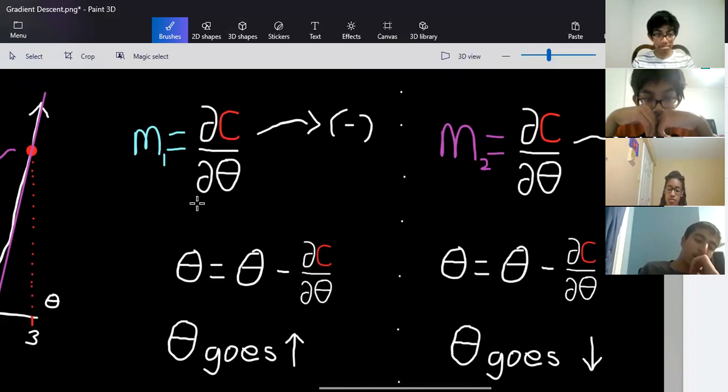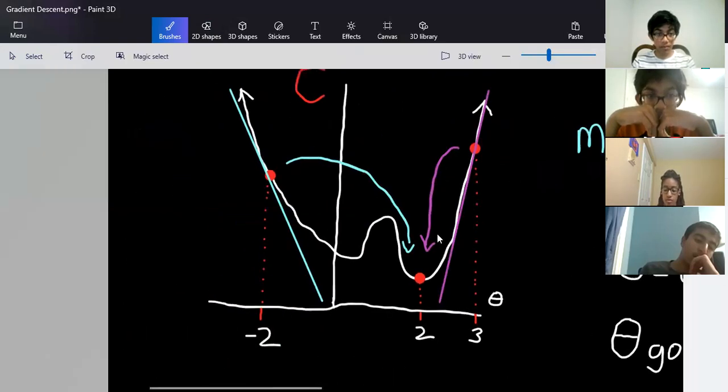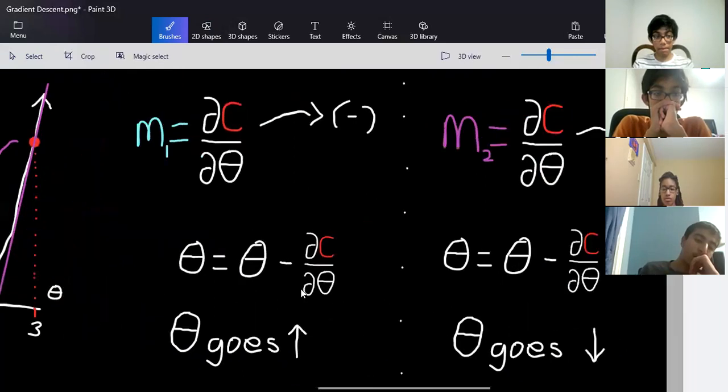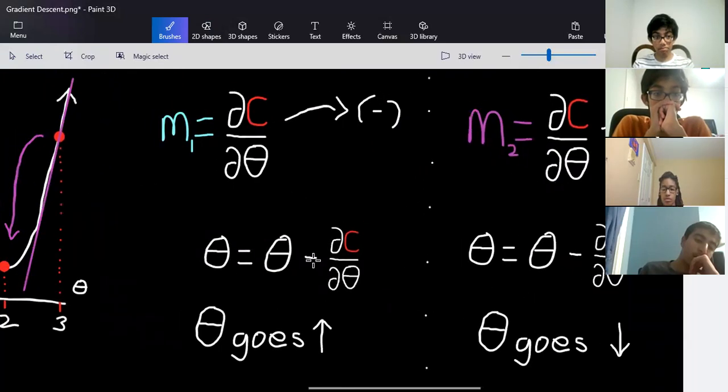When we have different points like this, where the points are different theta values and the cost that we get, because the cost depends on theta, we can take the derivative at the points. If the derivative is negative, we want to increase theta. If the derivative is positive, we want to decrease theta.